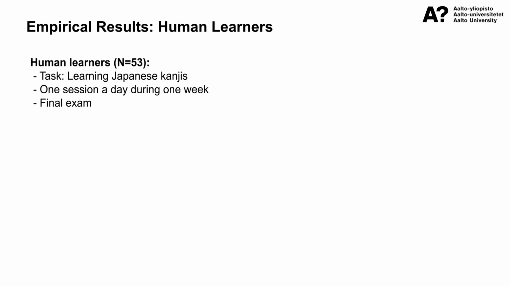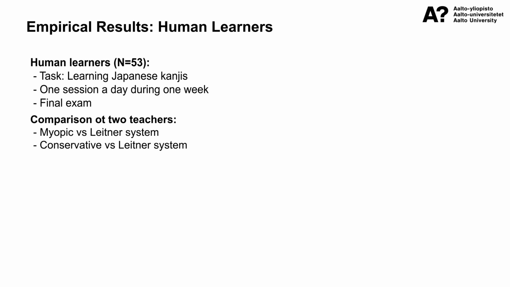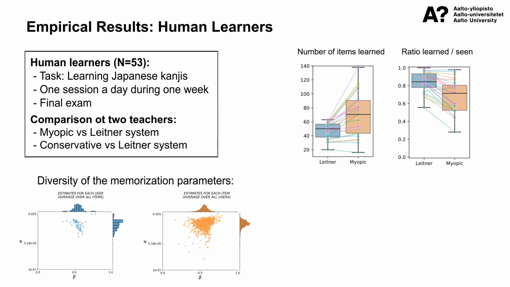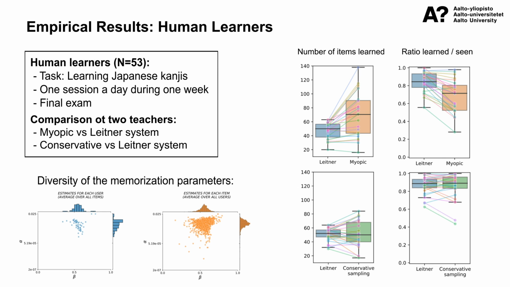We observed the performances of 53 users learning Japanese kanjis with a Leitner system and our two implementations. This user study confirmed that the myopic teacher globally outperforms the baseline in terms of items eventually learned, but at the price of presenting way more items, which can be frustrating for a human learner. The conservative teacher, however, presents performances similar to the baseline.